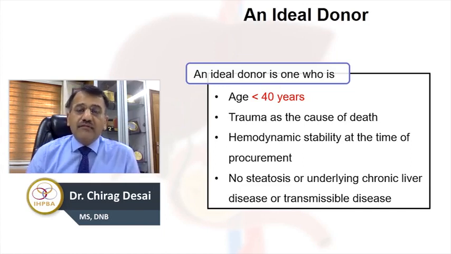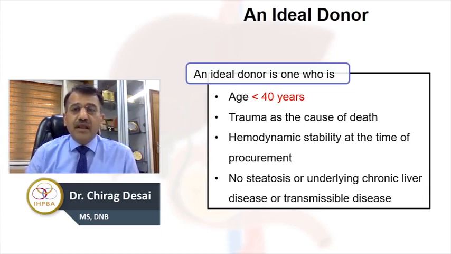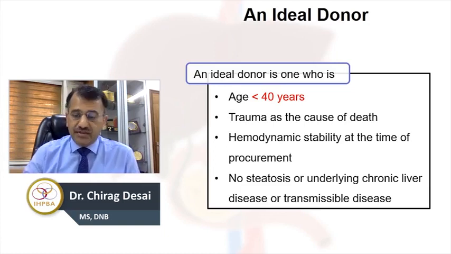Now, when you have a potential donor in front of you, at least 1 or 2 criteria are not ideal. So either you have to optimize them, or you have to put all the factors together and then decide whether that liver can be used or not. But the aim is to use every available organ and give an opportunity of liver transplant to the needy patient.